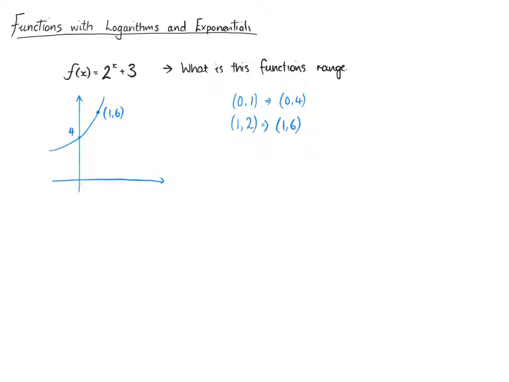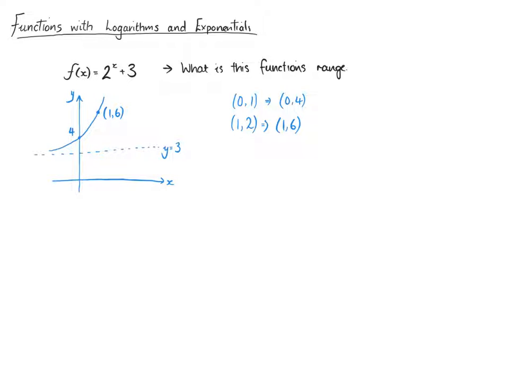We also know normally with an exponential it doesn't go into the negative y values, and we would have an asymptote, and that's how far we've moved it up. So that asymptote is going to be y equals 3. And we've got our x and our y-axis, okay?